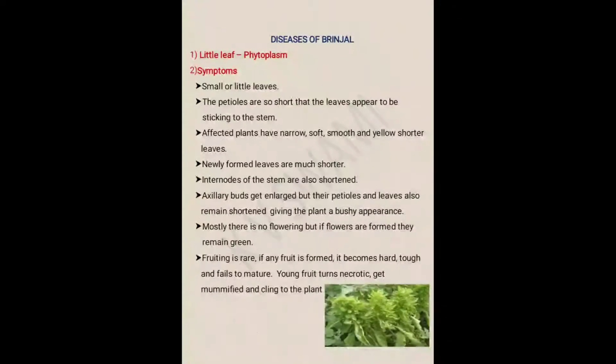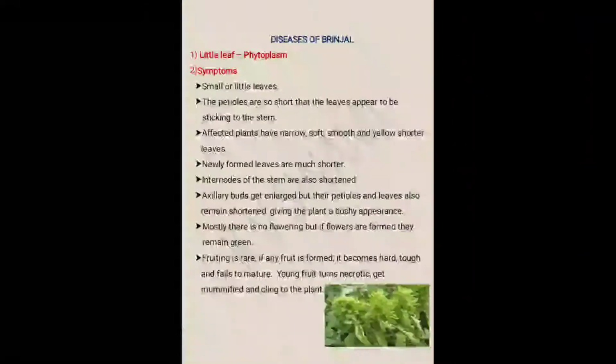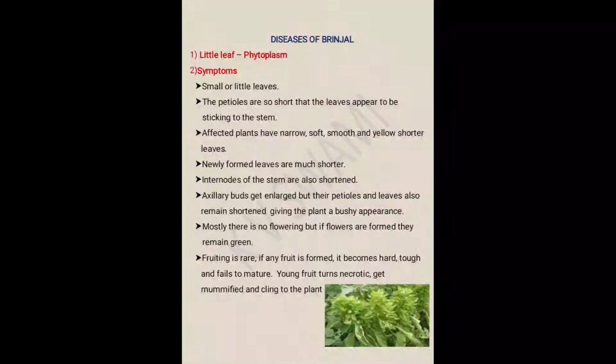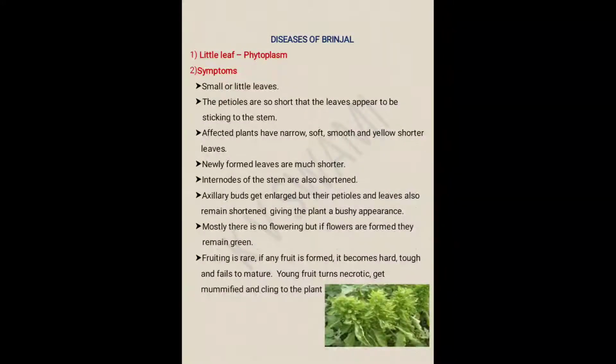Look at the title of the disease, that is little leaf. Here some points can be clear very easily regarding the symptoms. The disease is exhibiting the symptoms regarding the leaf, means that is the little leaf.